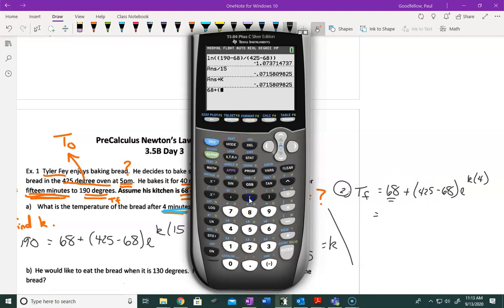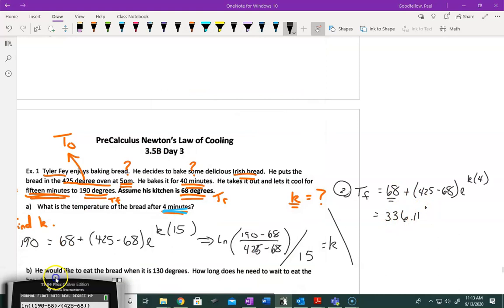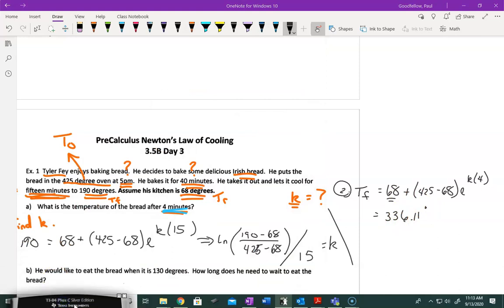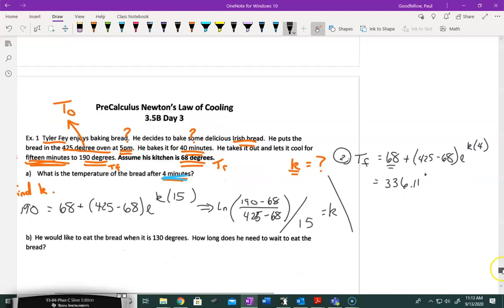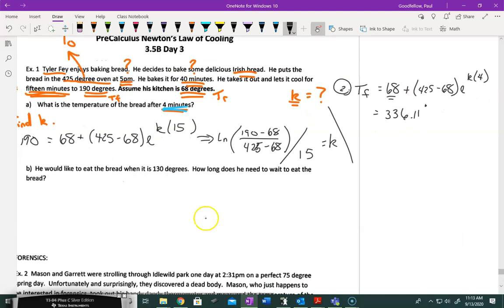That's going to be 425 minus 68 times second e to the 4 alpha k, and you've got an answer of 336.11 degrees. It's lower than the temperature that it came out of the oven, but it is not going below the temperature of the room.